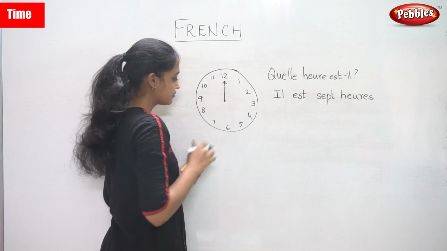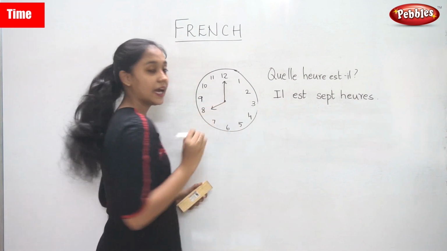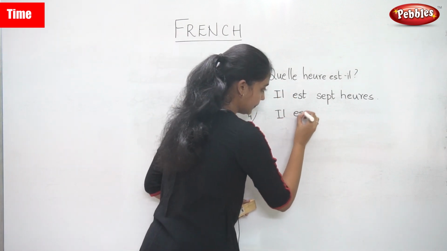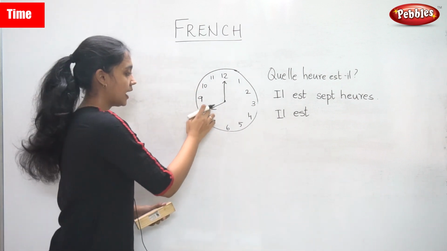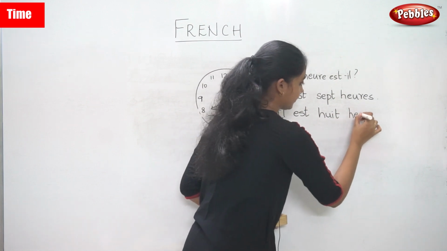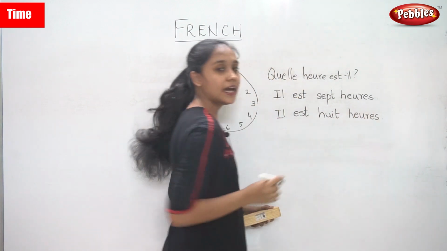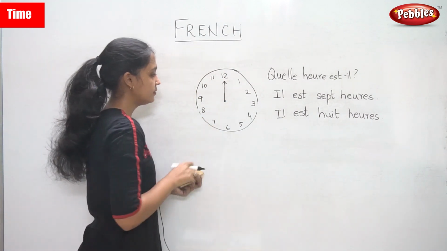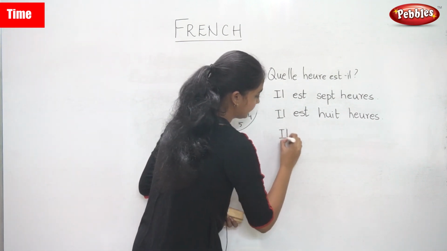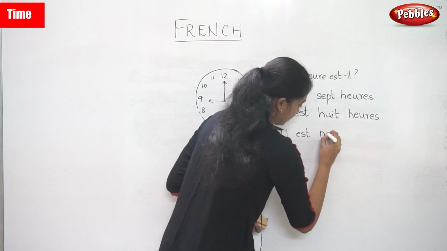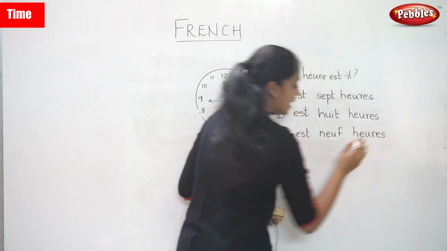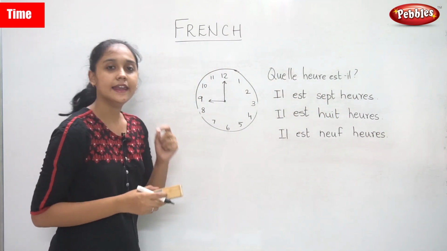The next one, 8 o'clock. So again il est, the number is 8. So with heures, it is 8 o'clock. Then il est 9 heures. It is 9 o'clock.